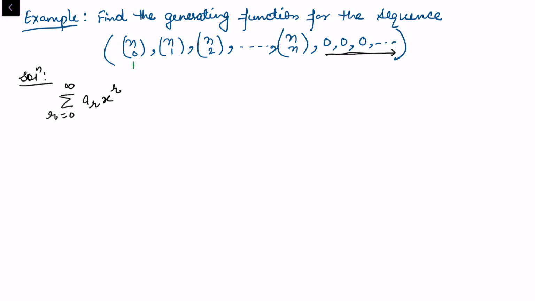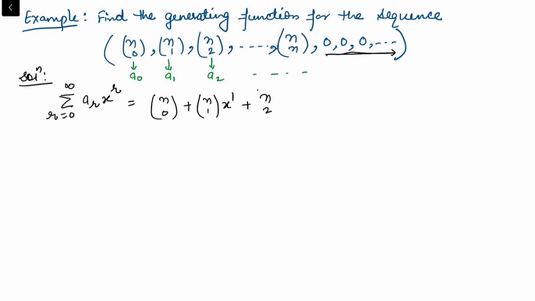And we notice that this is a naught, this is a1, a2 and so on. So to start looking at the generating function, we know the first term is n choose 0. Then the next term should be multiplied by the variable x. So this is n choose 1 multiplied by x to the power 1.